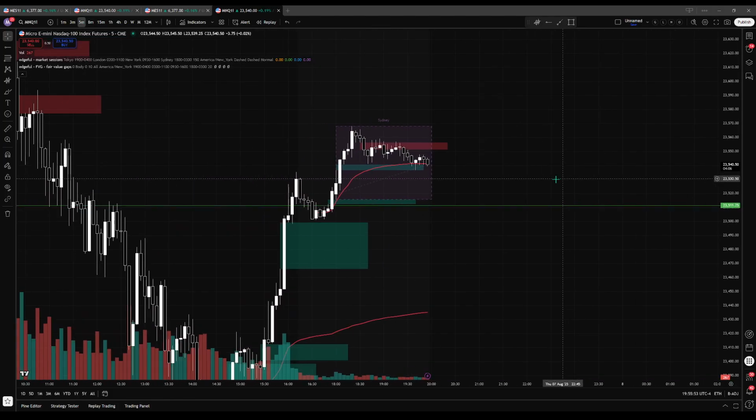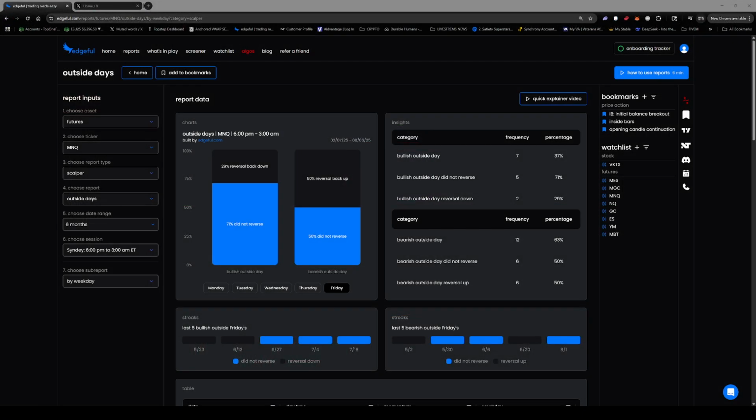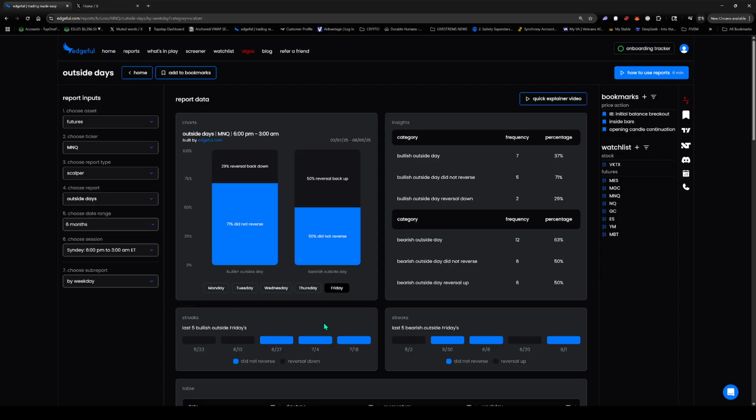So we looked at that report, and we come back into Edgeful right now, and we'll see that on Fridays, 71% of the time on a bullish outside day, which is what we have, price did not retrace back into the zone.